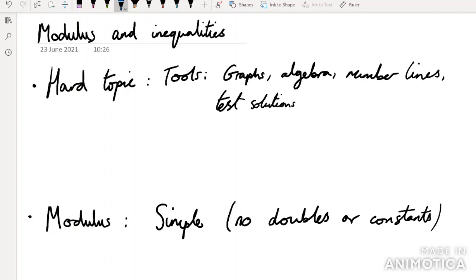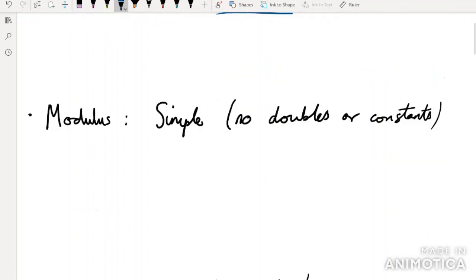The main thing I want to say is that there's no one-size-fits-all method for these questions, and you just need to be adaptable and have all these tools at your disposal. So we're going to be using a range of things: graphs, just normal algebra, number lines, and also just testing solutions. That's very important for this topic area and the GMAT in general. So bear that in mind and make sure you know every single tool from this video.